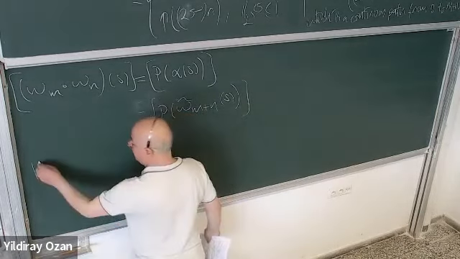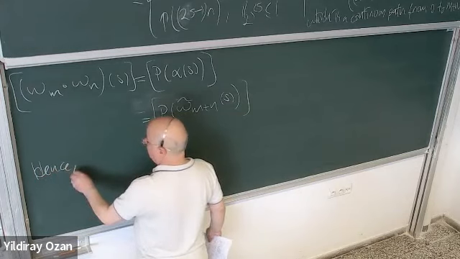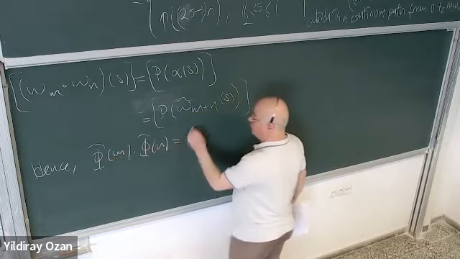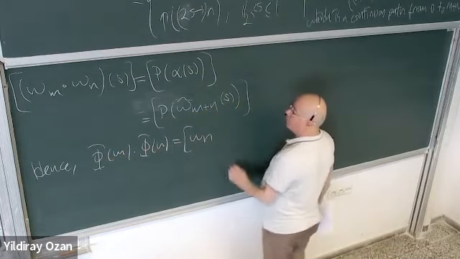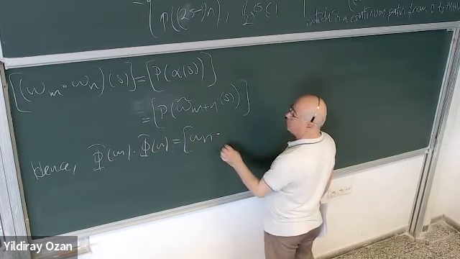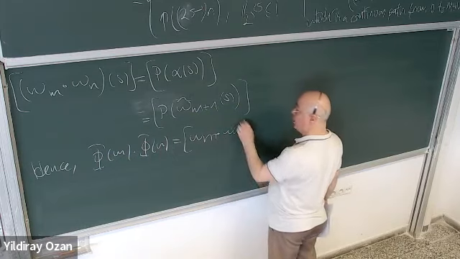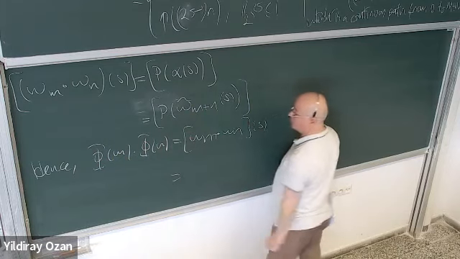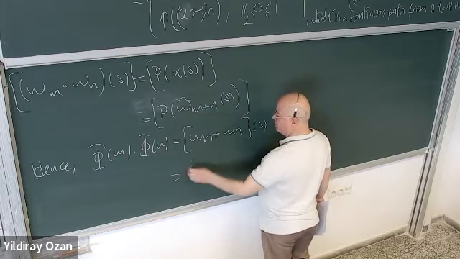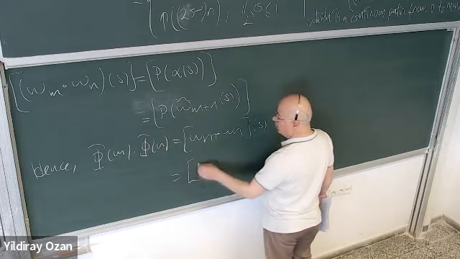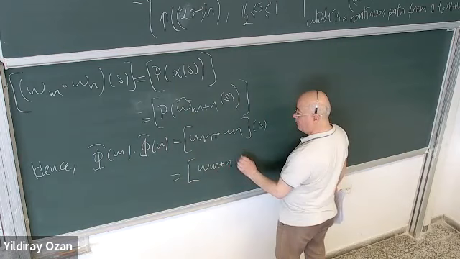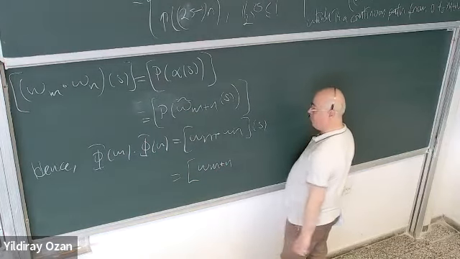Hence, this gadget, which is just W_m times W_n s, is equal to this gadget, but this thing is just W_{m+n}, the homotopy class of this.